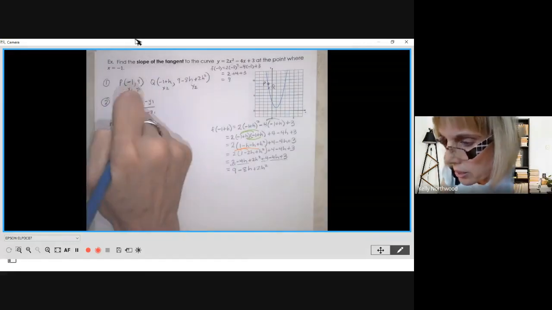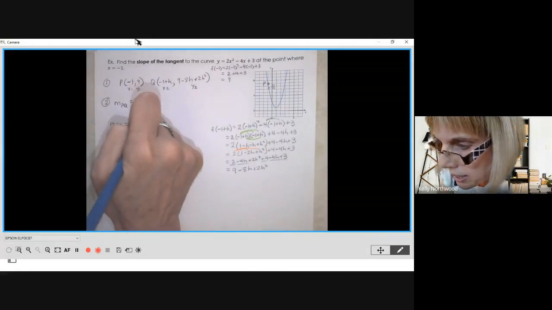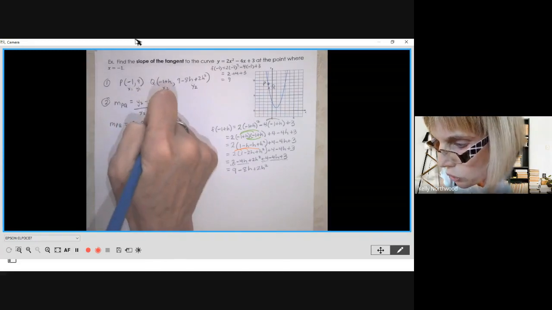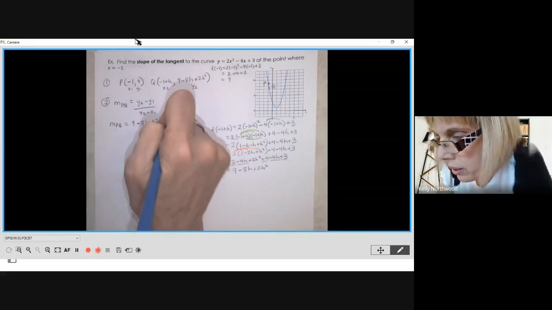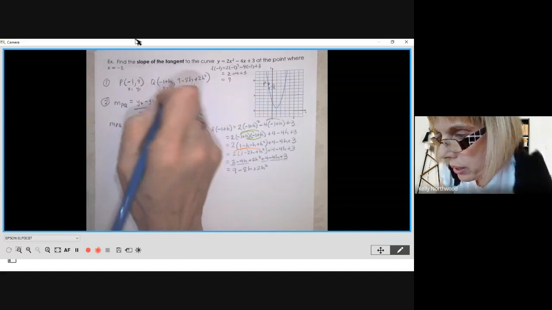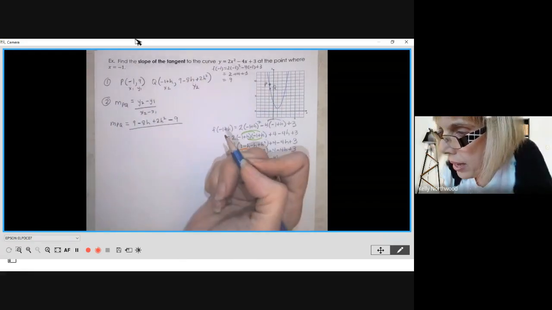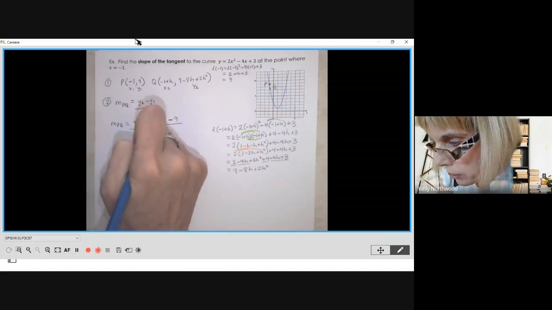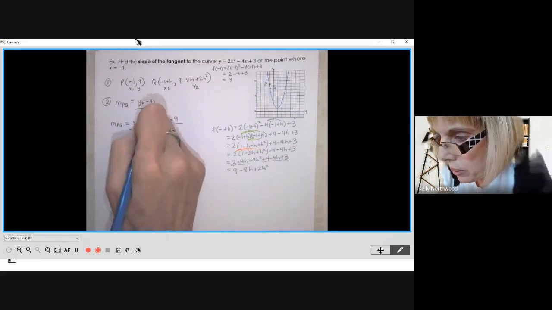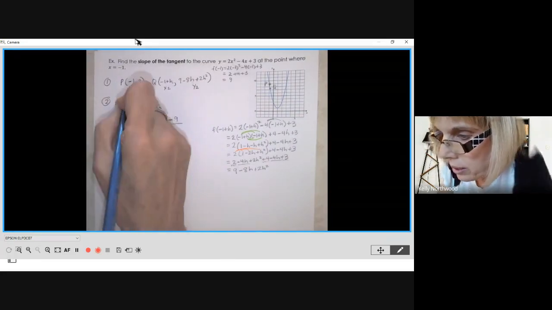So y2 is 9 minus 8h plus 2h squared, minus in the slope formula, y1 is 9. x2 is -1 plus h, there's a minus in the slope formula, -1.